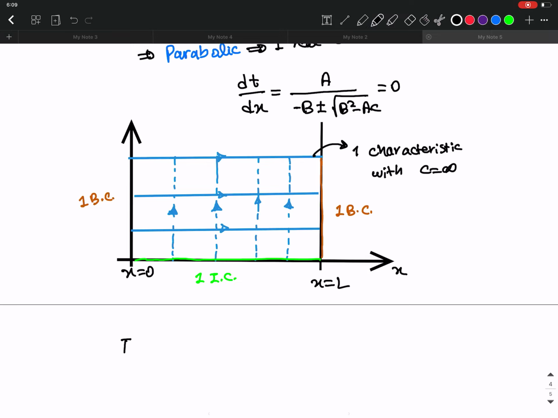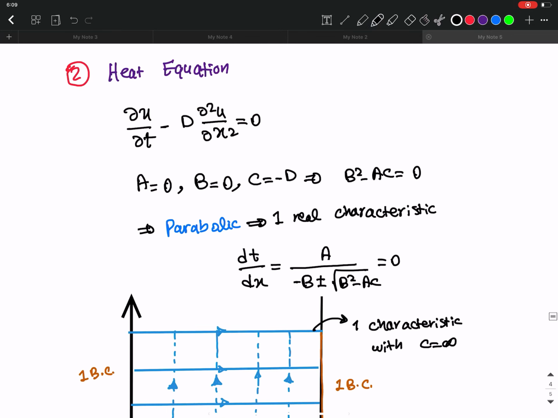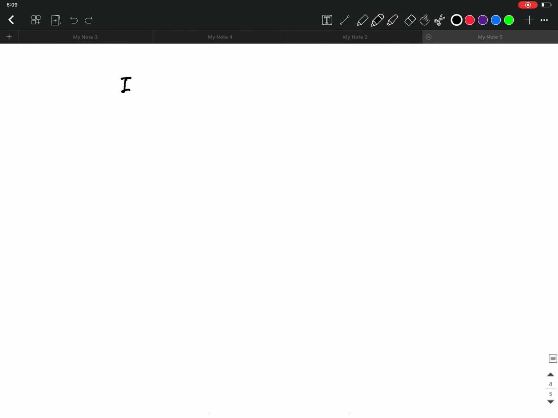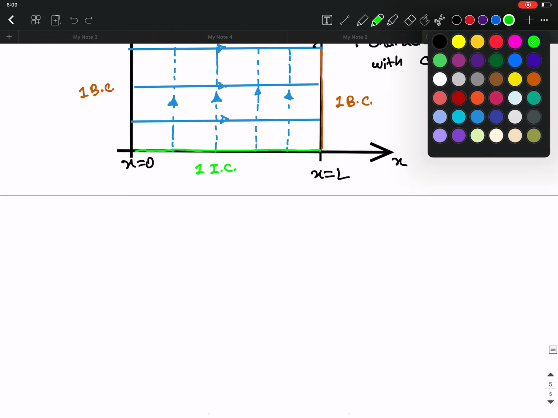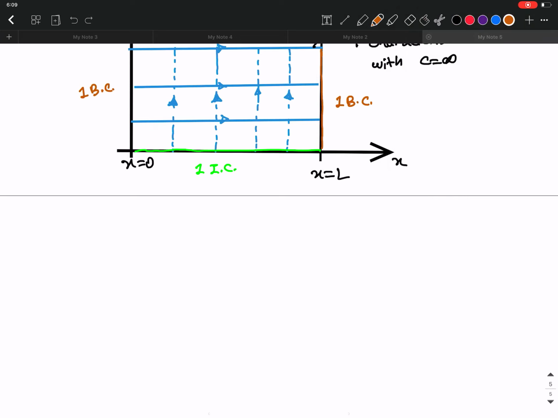So this is again an initial and boundary value problem.